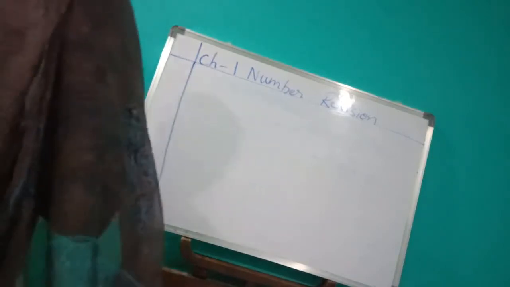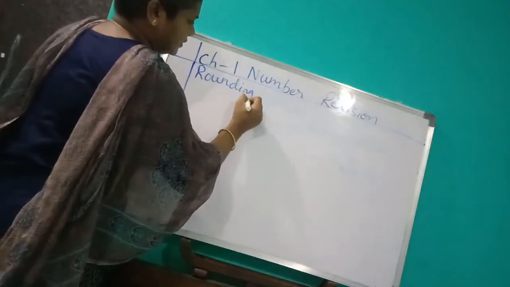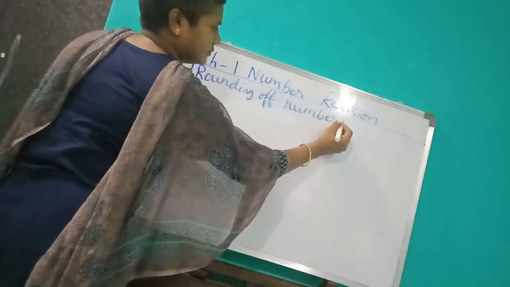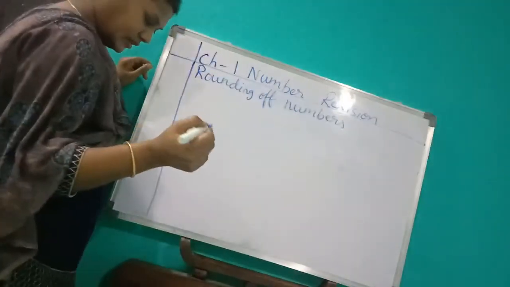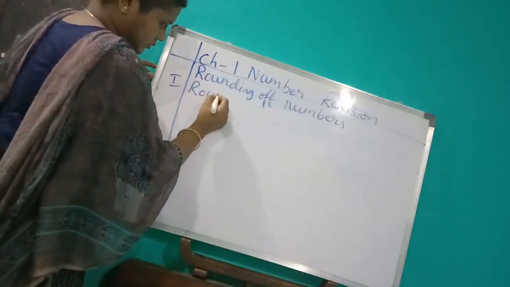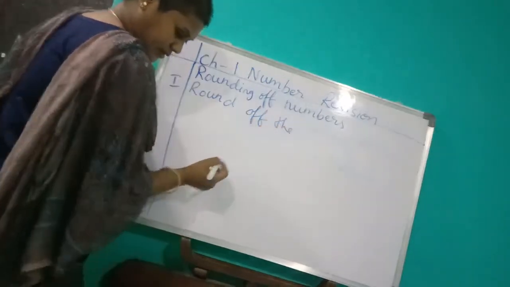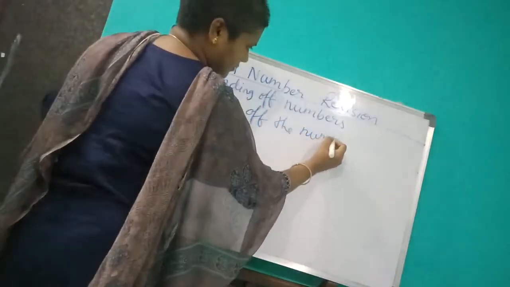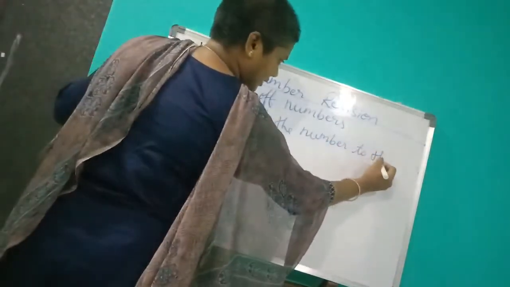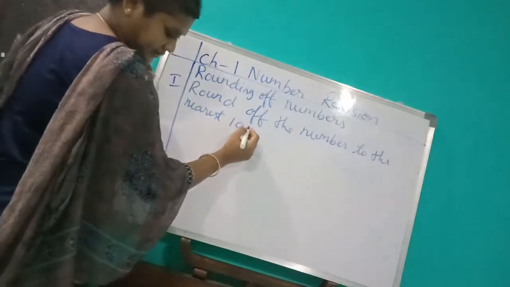Children, now rounding of numbers. Rounding of numbers. See here. Round off the numbers to the nearest tens.